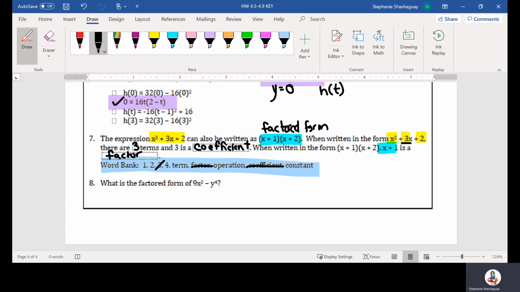What is the factored form of 9x squared minus y to the 4th? Okay, what I want you to identify here is that you have a term and a second term, and it's separated by a negative sign. That negative is another way of saying difference.